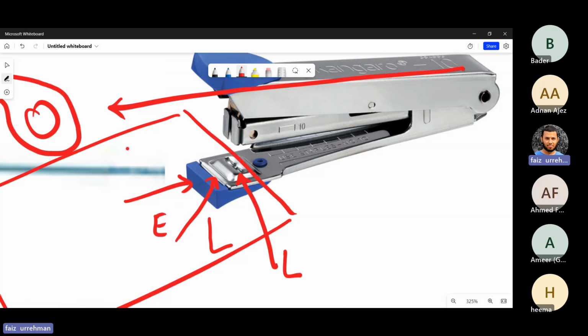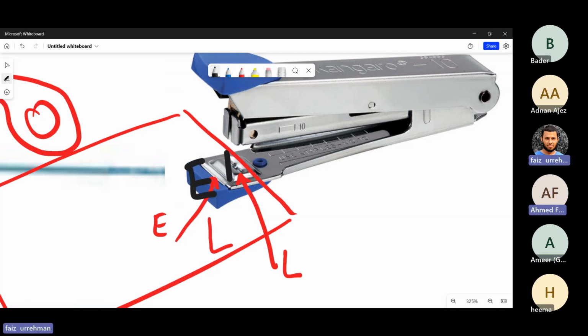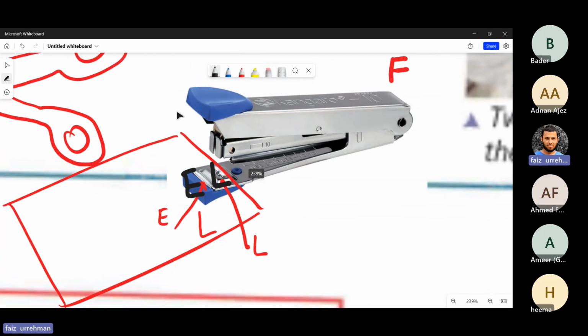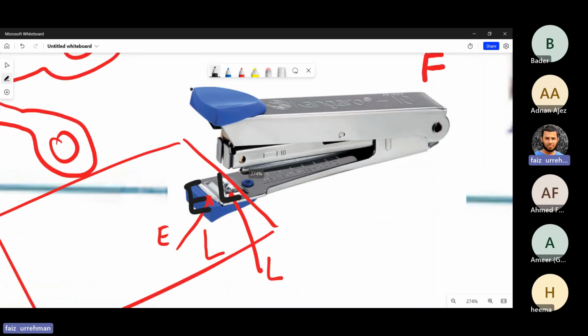So the farther you apply the pressure, the easier it is to press it. The effort will be up. No, up and down both. I'm not saying just one place. You put the effort in both places by your thumb and your finger.